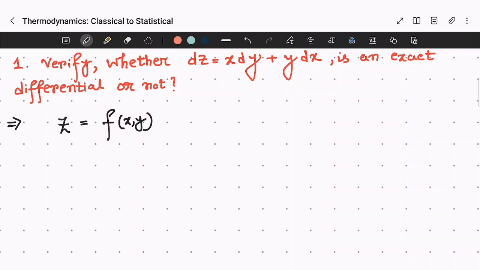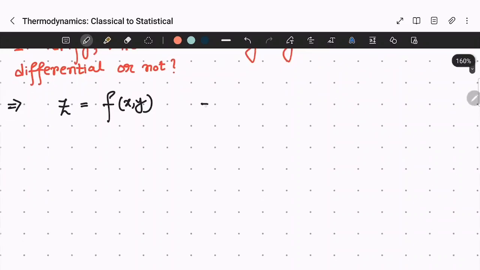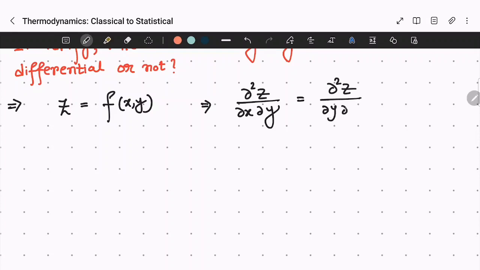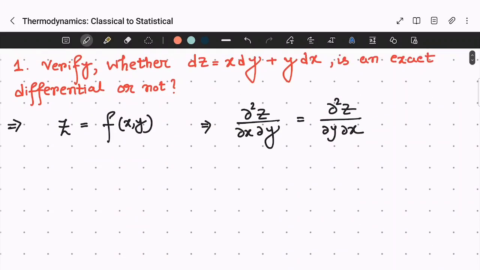Then we can write d2z/del x del y equals d2z/del y del x. I will discuss what it means, but this is the condition to be an exact differential. If a function obeys this condition, then we can say z is an exact differential of x and y.